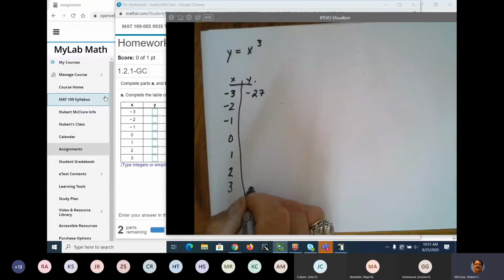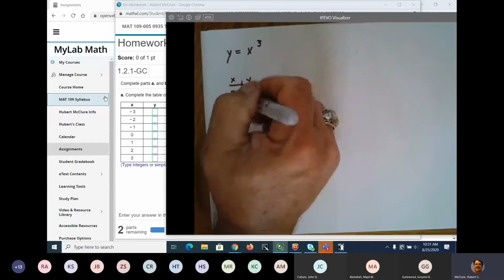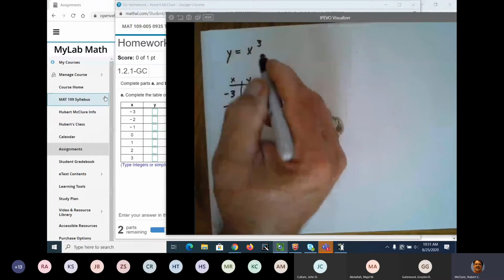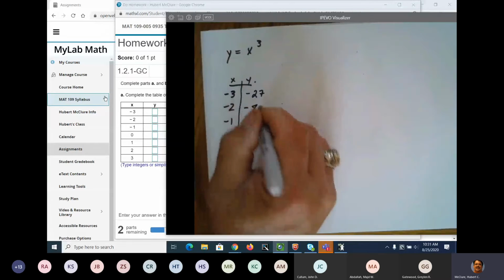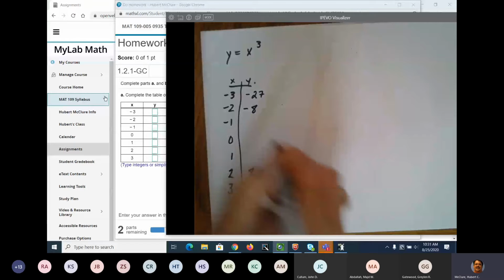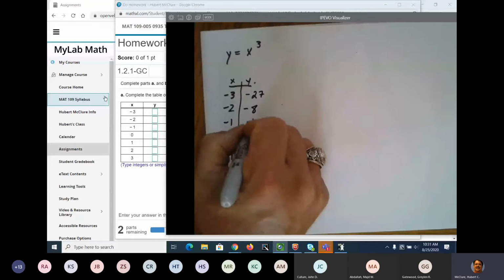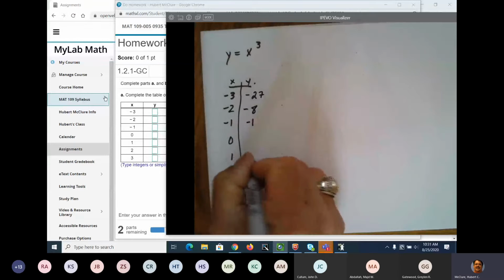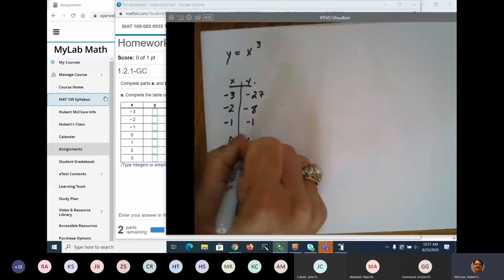Here it would be positive 27. -2 to the third power is -8, or +8. -1 would be -1, or 1, and 0 would be 0.